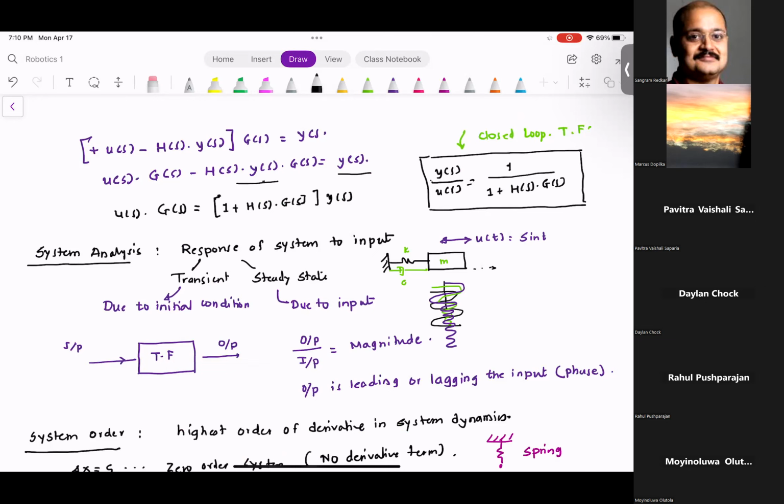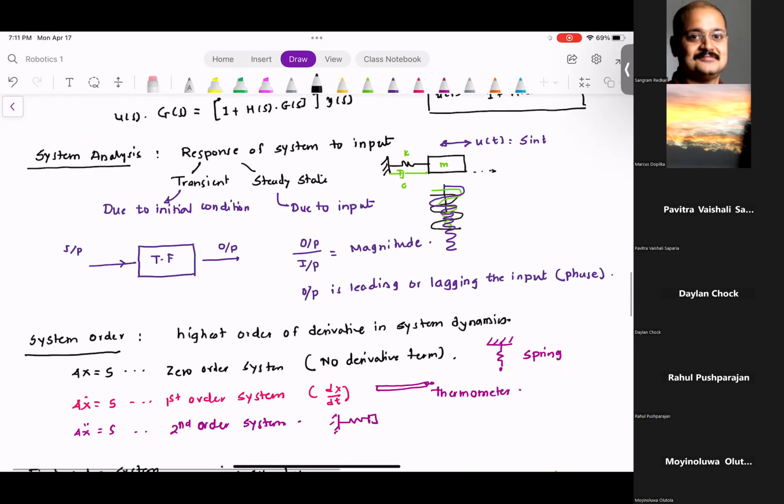The system can be analyzed using the magnitude versus phase type of analysis, which is called the Bode plot. We also want to find out what happens as the gain of the system is changed. If we change or tune the gains of the system, what happens to the behavior of the system? That is achieved using something called the root locus. Now, for the types of systems: if there is no derivative, then it's a zeroth order system. 4x equal to 5 is a zeroth order system.